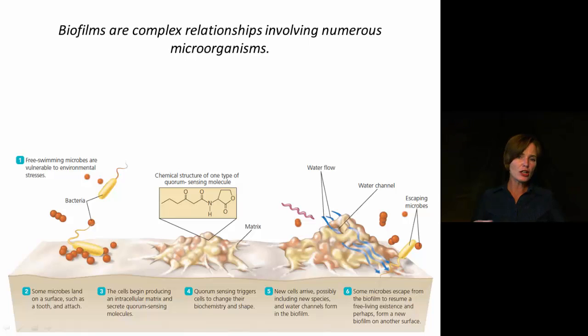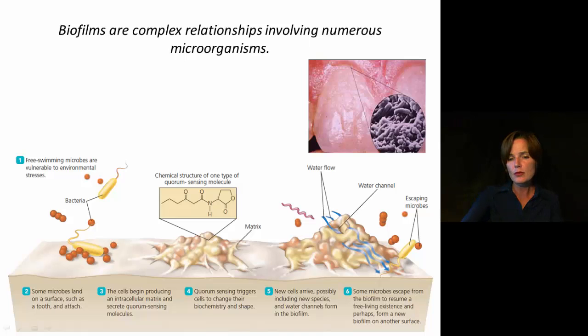So they all assume different roles for the benefit of this one big community that they are now a part of. We do see biofilms in some human problems. Dental plaque is one example of that, and that's what's being shown in this particular image here. When we're looking at plaque, plaque is a biofilm. It's a community of microbes that are working together in this symbiotic relationship.